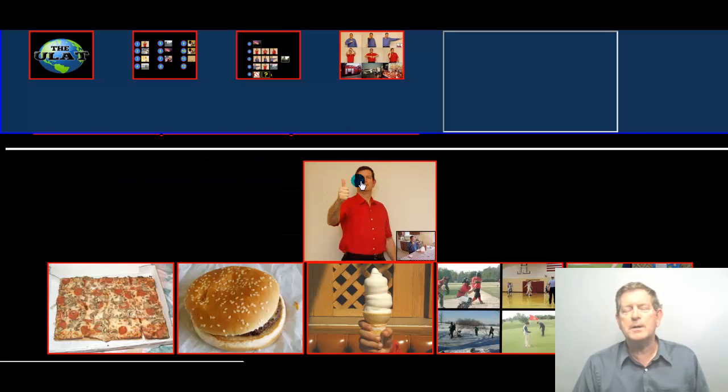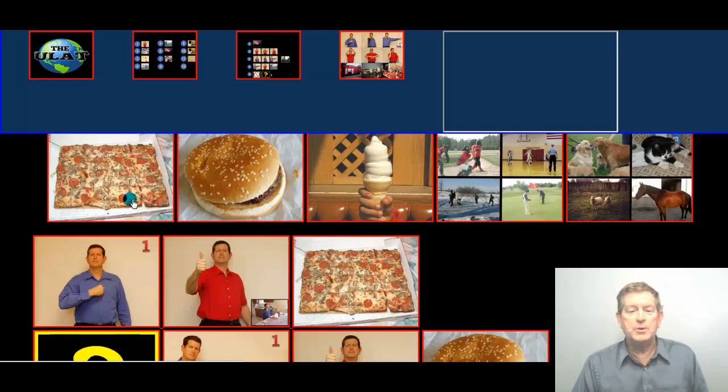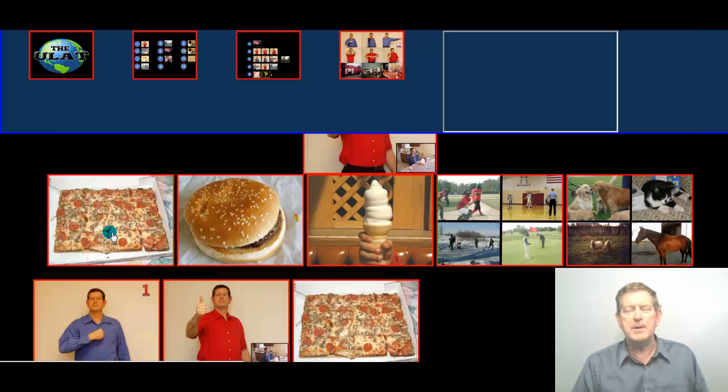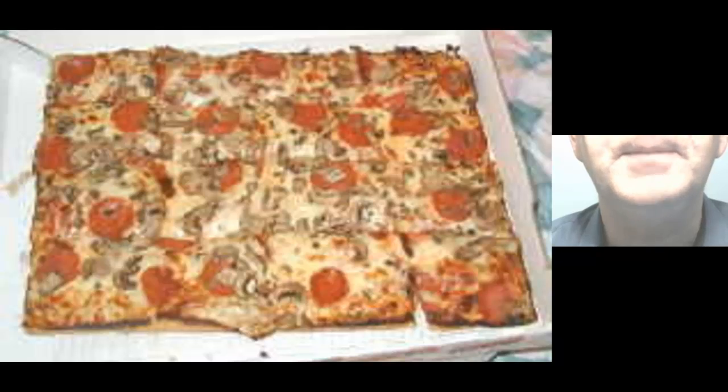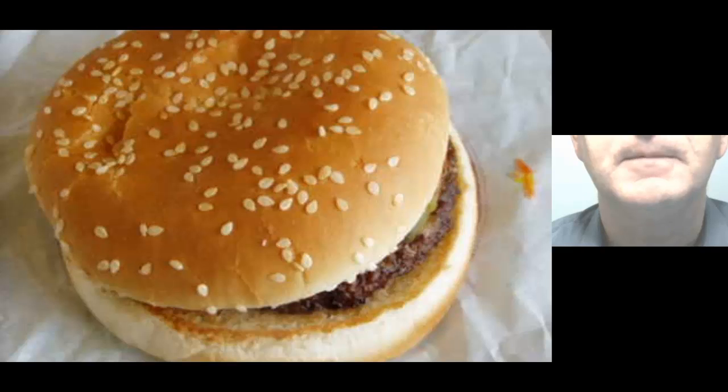Okay, good. Here's the word like. You know this word already, like. And here are different things which people generally like. Okay, here we have pizza, hamburgers, ice cream, sports, and animals. Okay, watch the pronunciation of these words. Pizza. Hamburger.